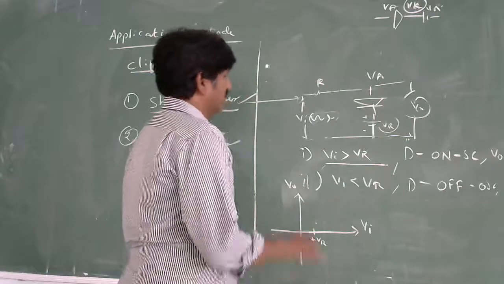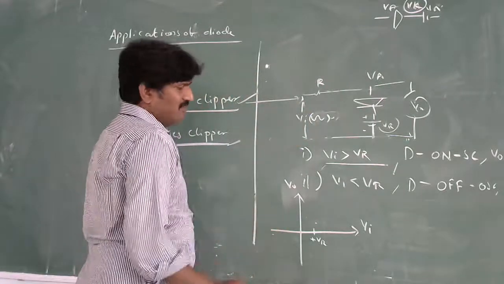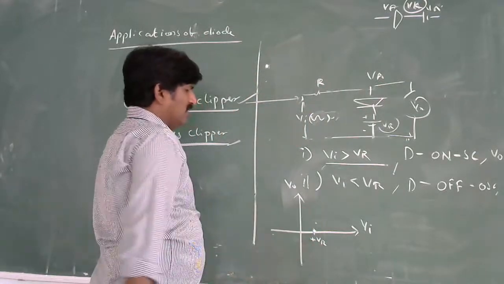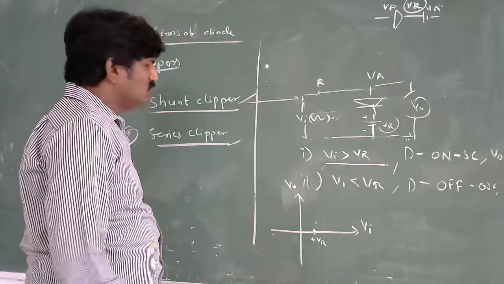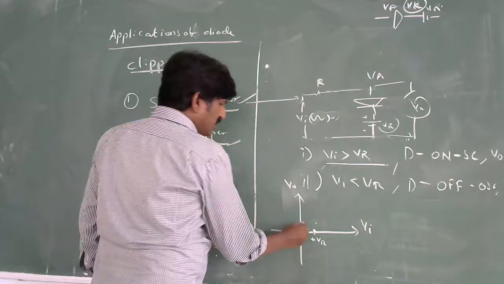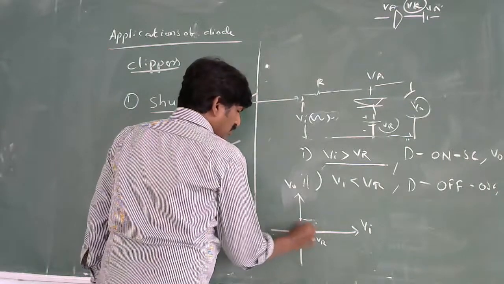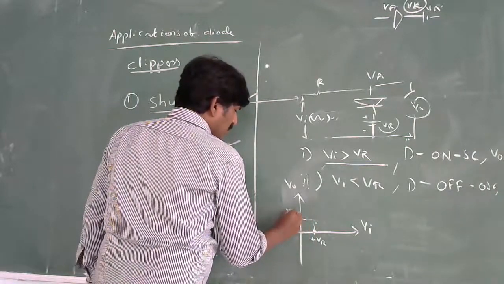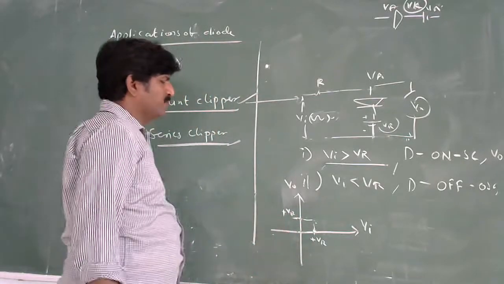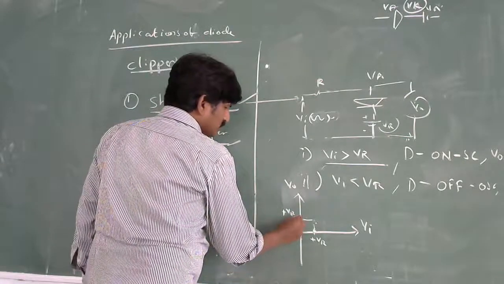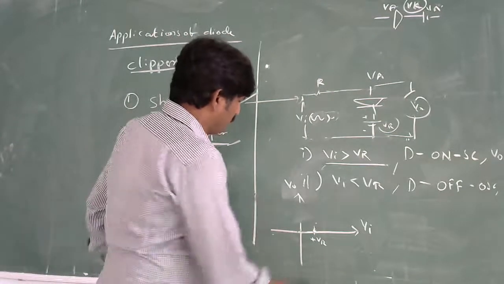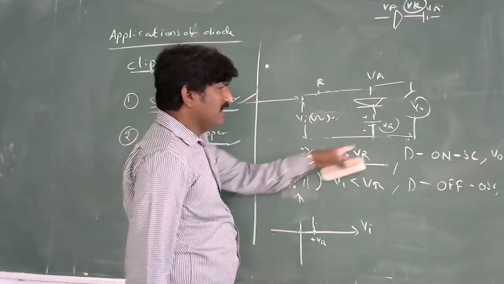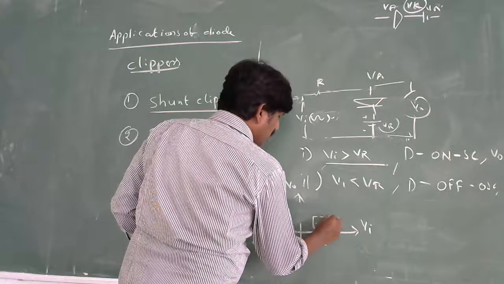Then you should understand the first point. If Vi is greater than VR, now at this point you have to observe, Vi is greater than VR. What is the output? It is going to be VR only. This means when Vi is greater than VR, output is VR.